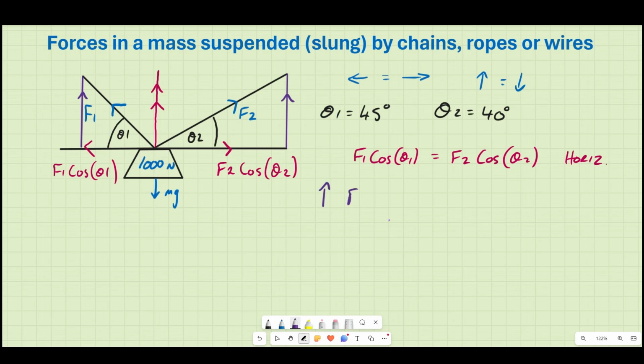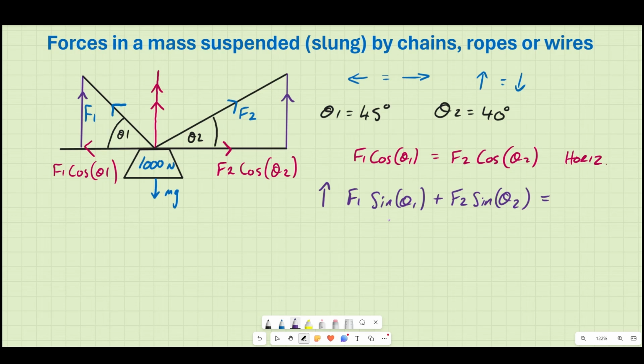So we can say that force 1 times the sine of angle 1, that's the upwards force from force 1, added to the upwards force from force 2, which is F2 sine of its angle, those two added together must be equal to the weight downwards.